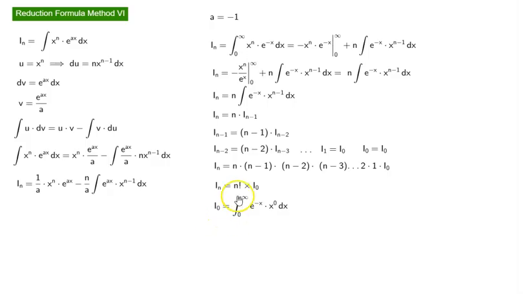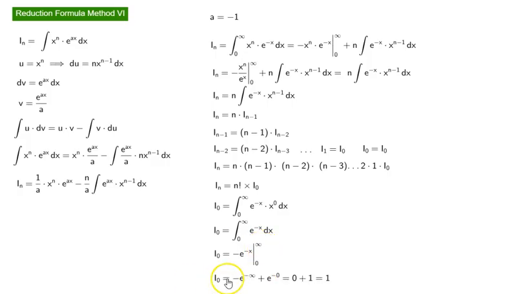So I sub 0 is equal to the integral from 0 to infinity of e to the power of minus x times x to the power of 0 dx. X to the power of 0 is 1, so it disappears. We have I sub 0 equal to the integral from 0 to infinity of e to the power of minus x dx. We integrate it and get minus e to the power of minus x from 0 to infinity.